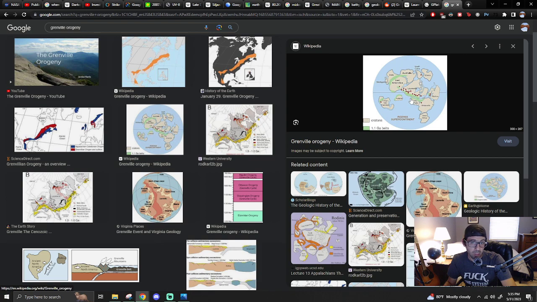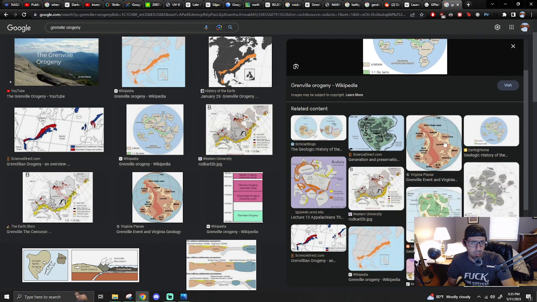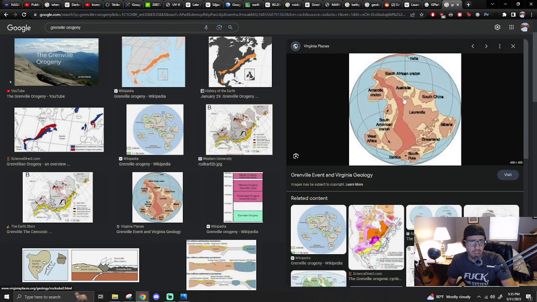I don't know if we say Africa was connected then. Probably not, based on what I'm looking at. South America.